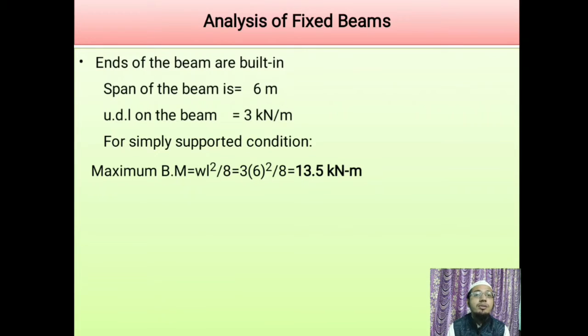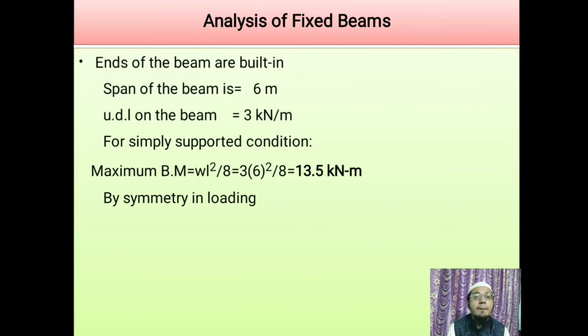Load is 3 kilonewton per meter and span is 6 meter. So 3 into 6 square by 8. Solve in your calculator, you will get the answer. Maximum bending moment in case of simply supported condition is 13.5 kilonewton meter.